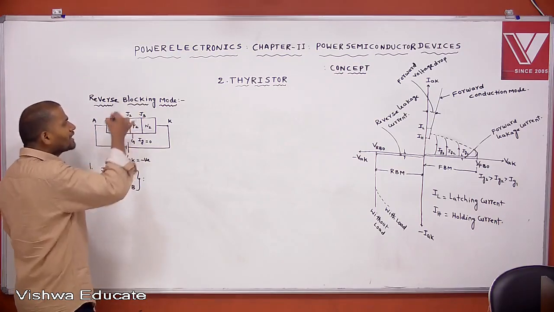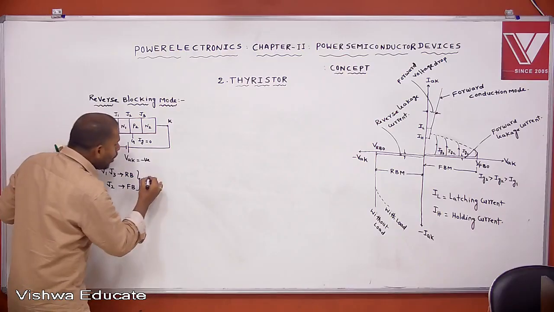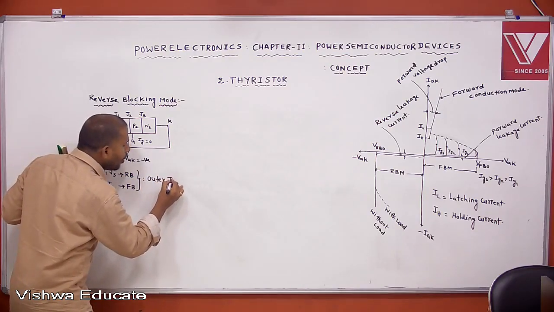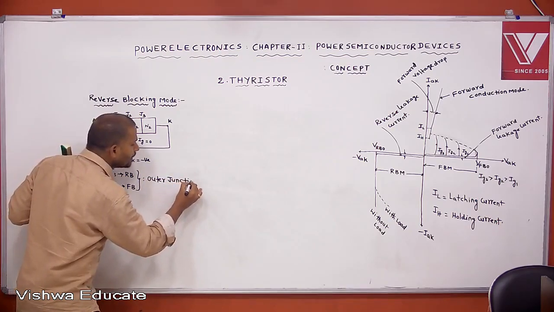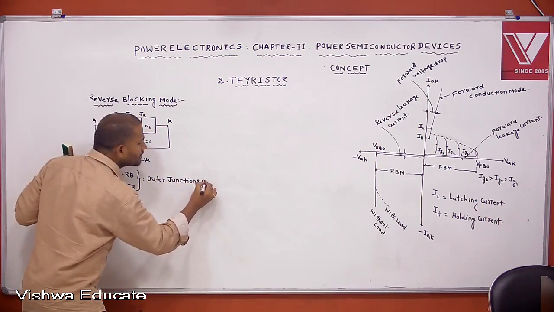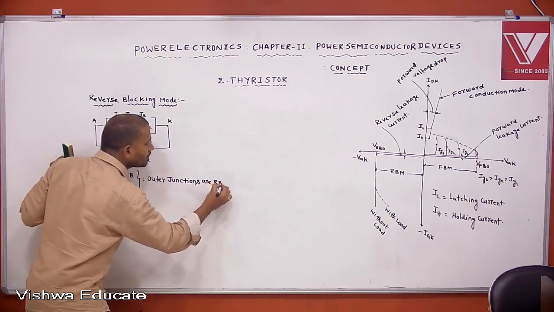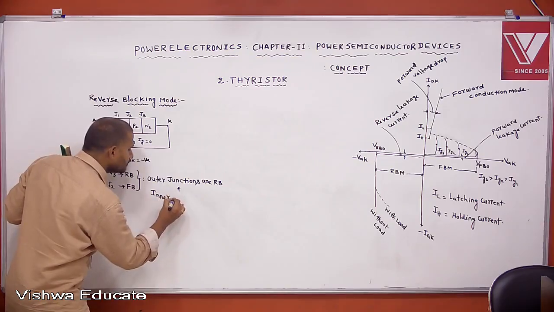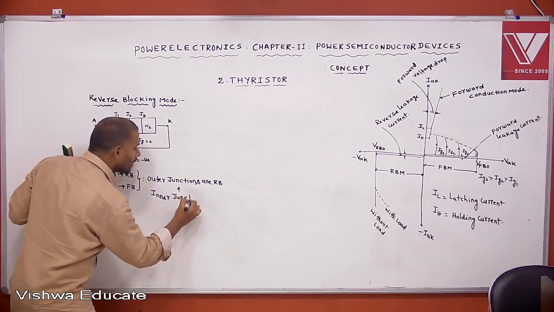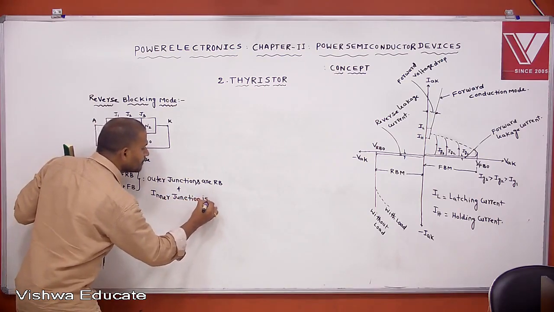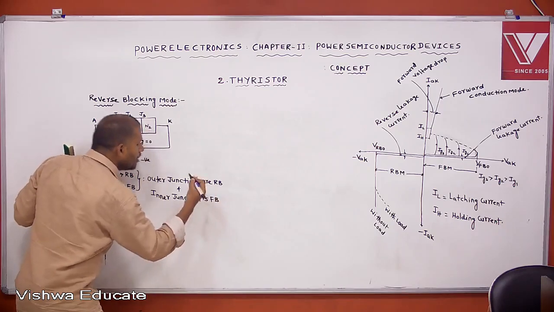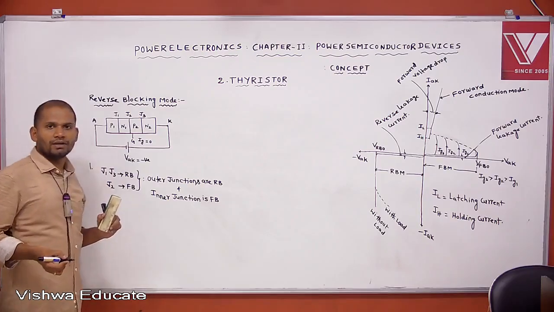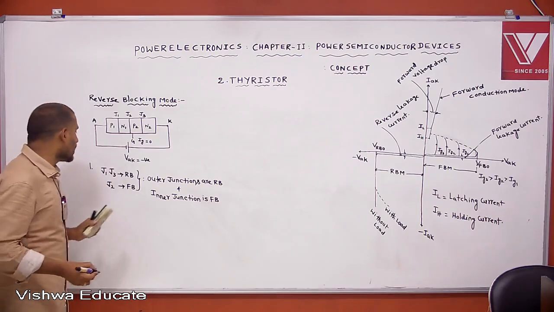In reverse blocking mode of operation, outer junctions are reverse bias and inner junction is forward bias. Okay, this is one observation.